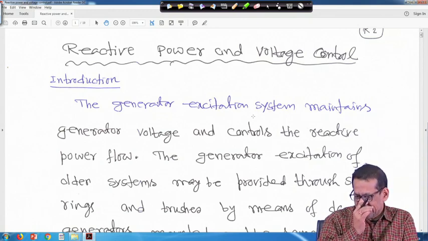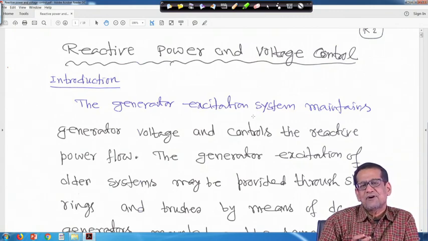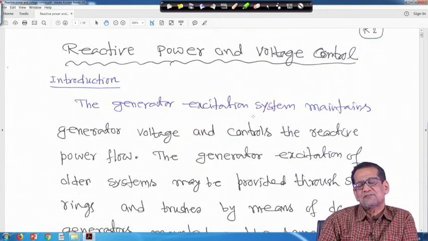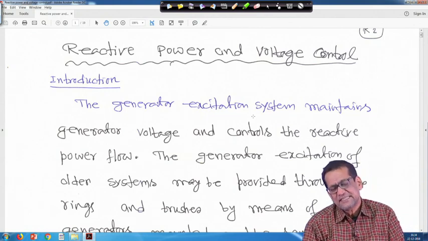Similarly, a small change in reactive power does not affect the system frequency, but it affects the bus voltage magnitude, just vice versa. That is why we call it PF, that is real power frequency control, or reactive power voltage control. So, a little bit we will see it here.